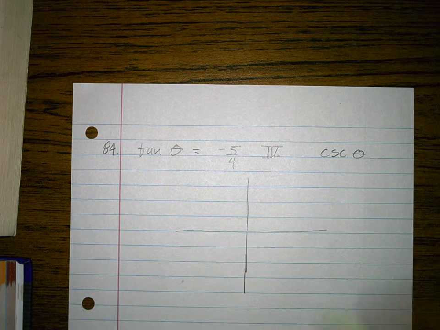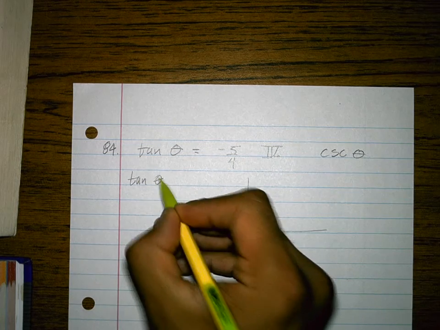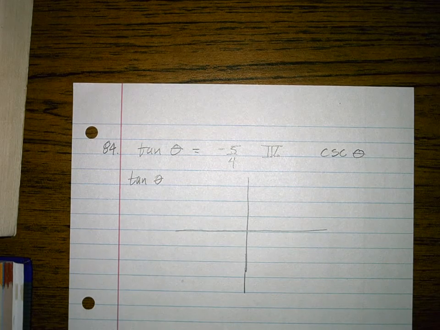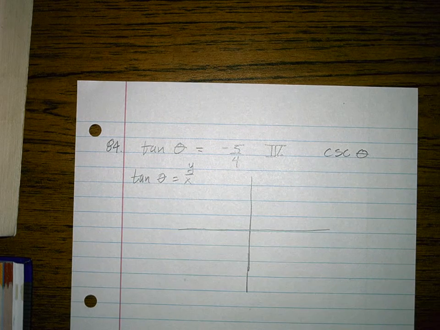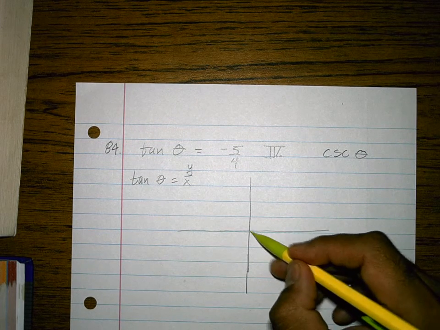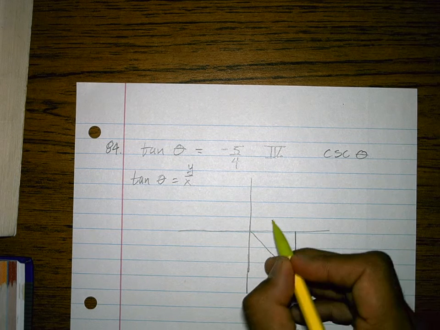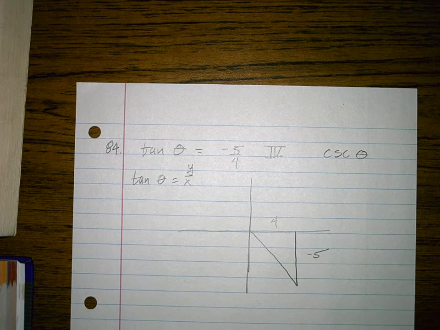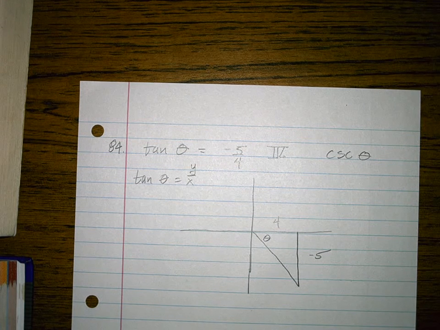I'm in quadrant 4, tangent being defined as y over x. So this would be a +4, and this would be a -5. Here's my theta, and so I'm going to find the cosecant.